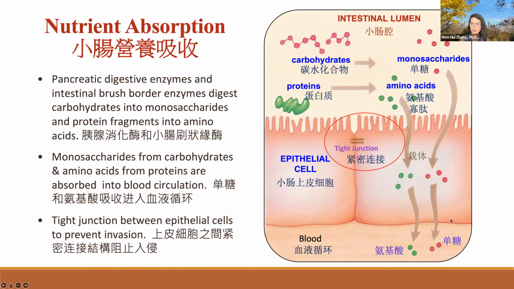Amino acids and monosaccharides, they use specific carriers to go through the epithelial cells into the blood circulation. So this absorption is selective for the nutrients, while water can just leak in according to the gradient.